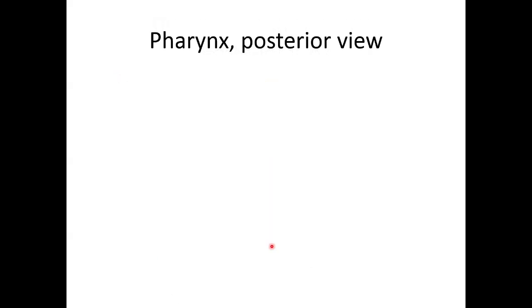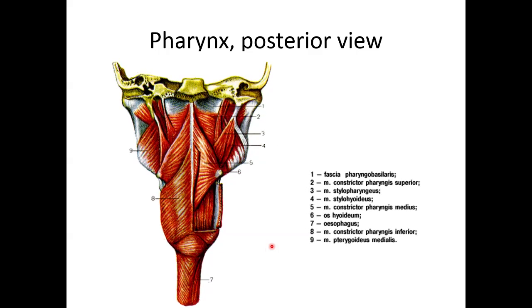And now practically the same, but without cutting in mid-sagittal plane. It's interesting that we can see here a special structure, raphe, this of gray color, which connects between each other right and left muscles of the pharynx.